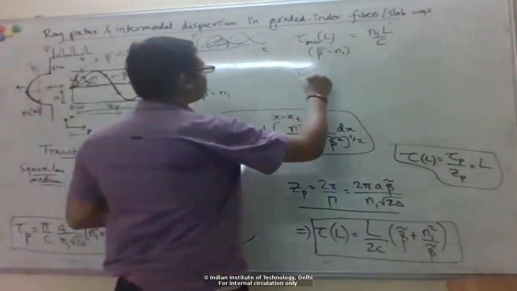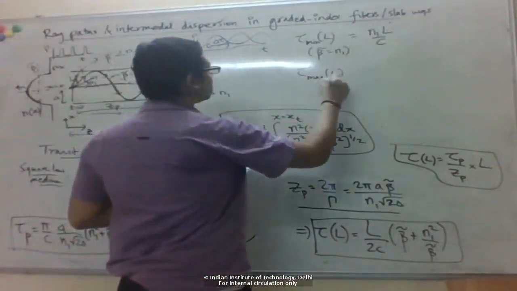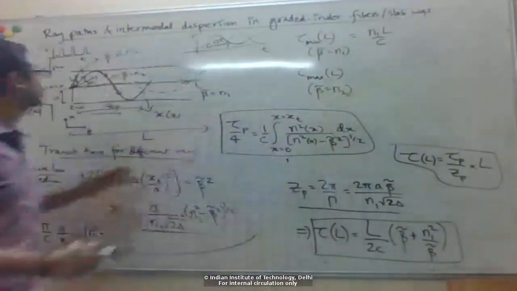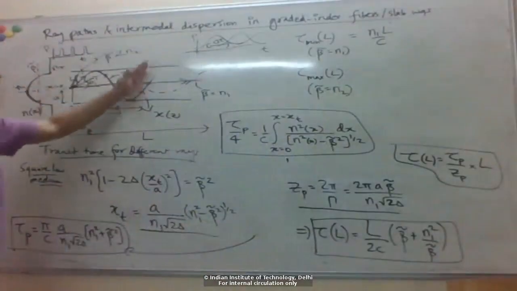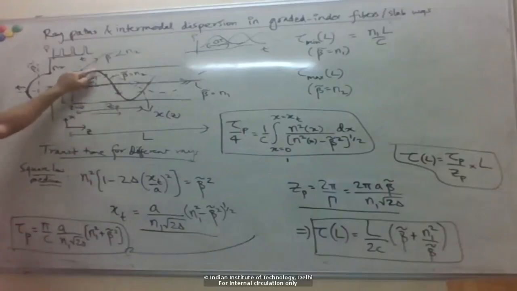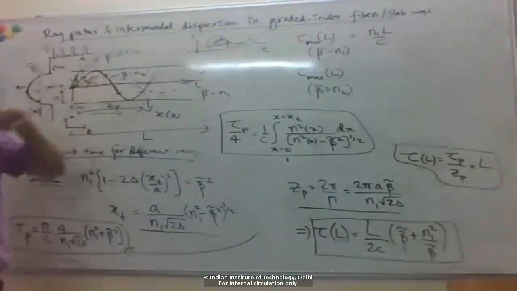Now the maximum time is taken by the ray which takes the maximum curved path. Here we can see that happens for beta tilde equal to n2. It goes up to the cladding edge and then down.